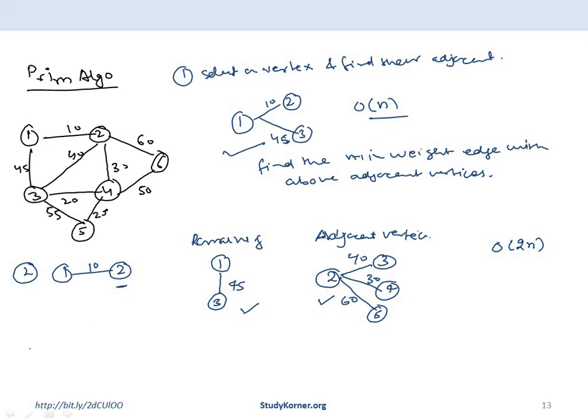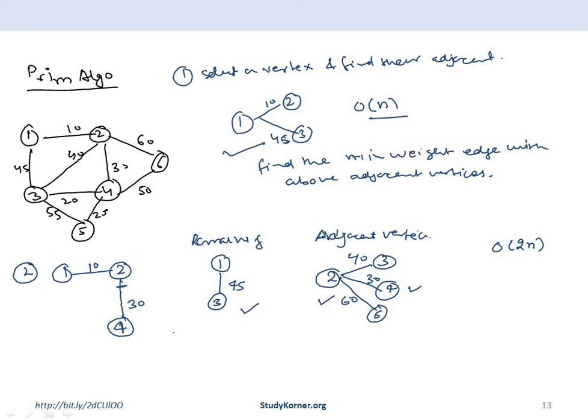Because in these four edges the minimum edge is 2 to 4, I include 2 to 4 in my spanning tree. I add 2 to 4 here with the weight 30.